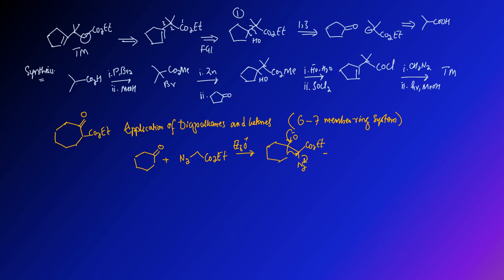This rearrangement takes place and we get the target material. So with the help of cyclic ketone and diazoacetic ester, which introduces a methylene group into the system, we can get the target material.